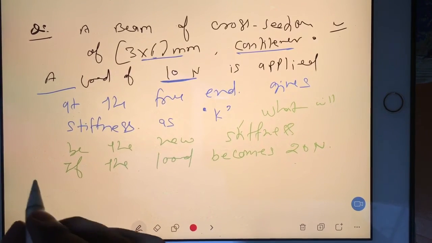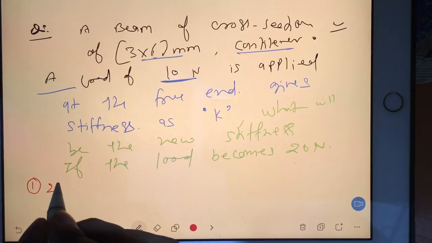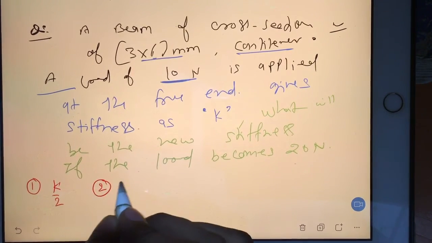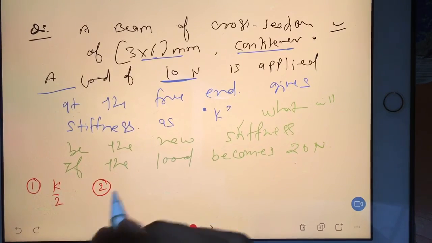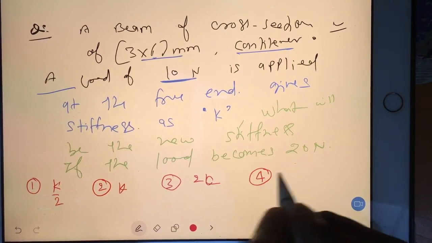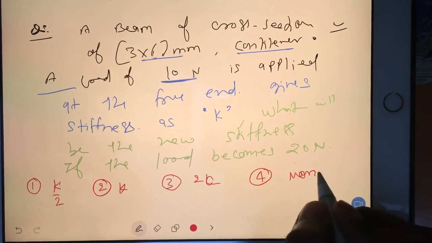Option 1, K by 2. Option 2, K. Option 3, 2K. Option 4, none.